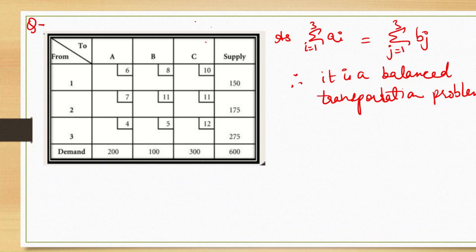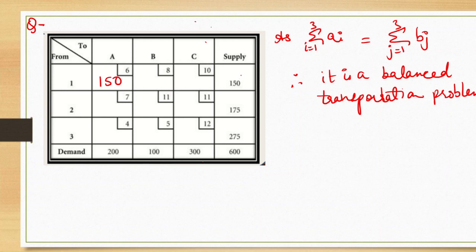Now we have to find the number of units required from the first source to destination A. The demand is 200 and the supply is 150. We select the minimum of the two. If the supply is 150 and the demand is more, obviously we have only 150 available, so I'll write 150 here.